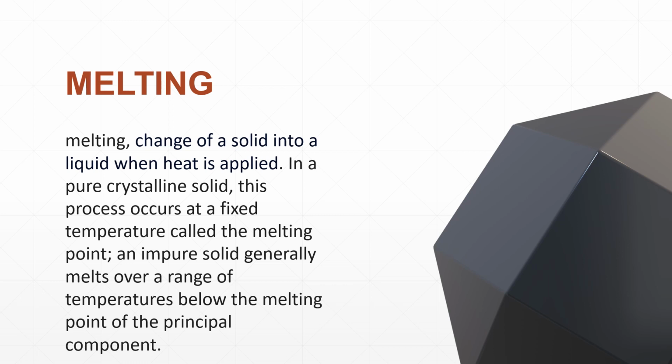But in expansion, we are just increasing the size of the solid by applying mostly heat on it, or in some kinds of solids, rubber-like properties of the material cause its expansion by stretching. So that depends upon the solid.